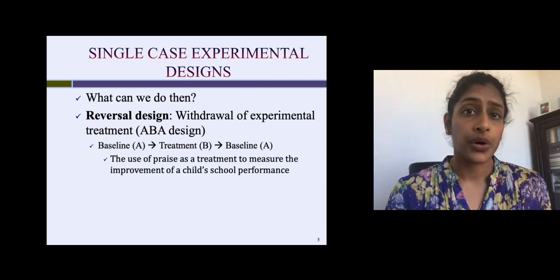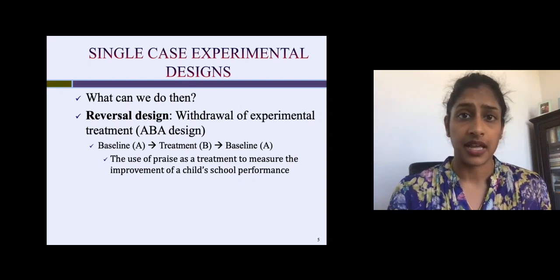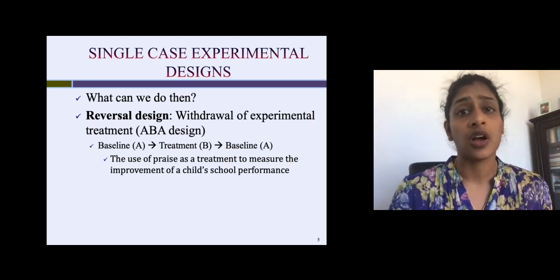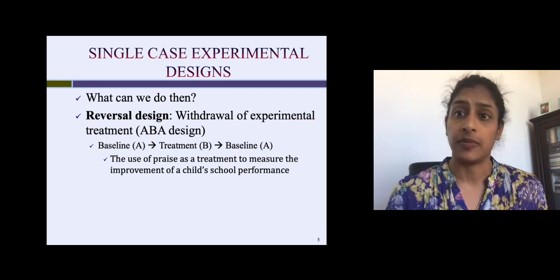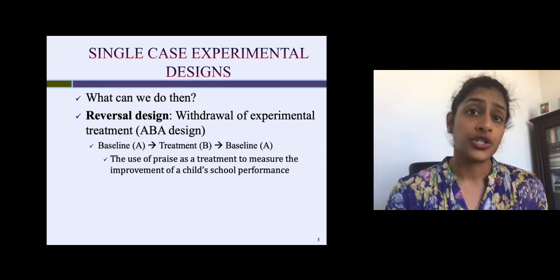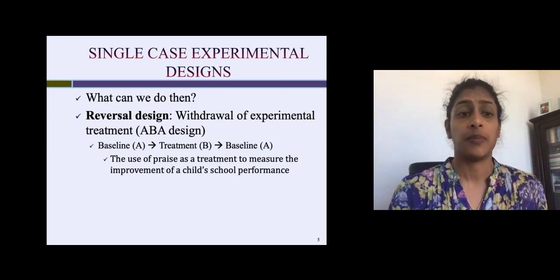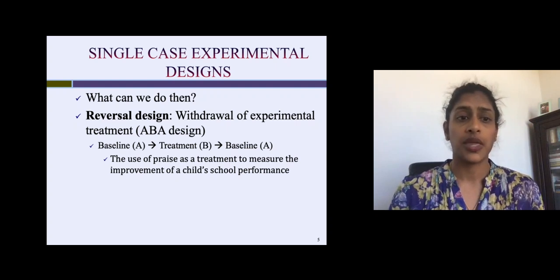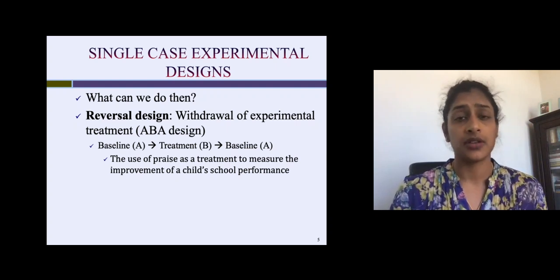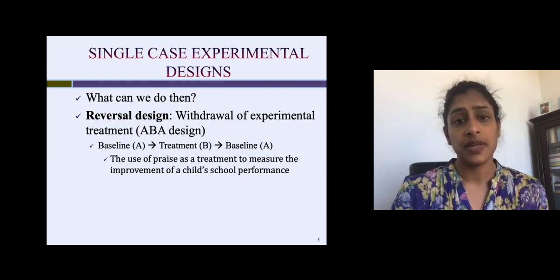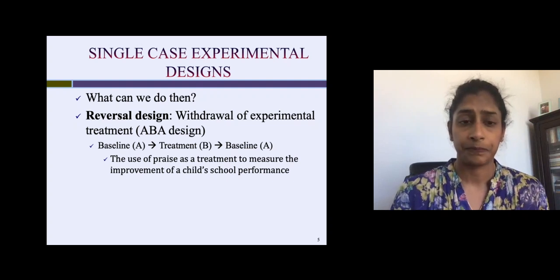You may have also heard of this as an ABA design. And this is very often used as a treatment. So your A corresponds with the baseline. So we have a baseline measure, and then we give the treatment, and then we collect baseline again.